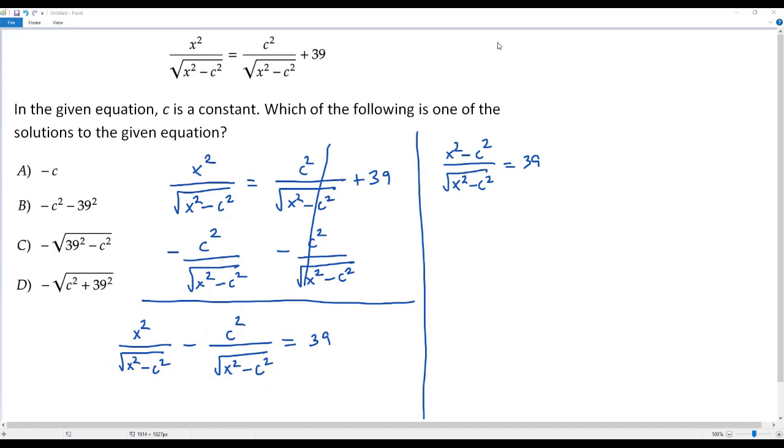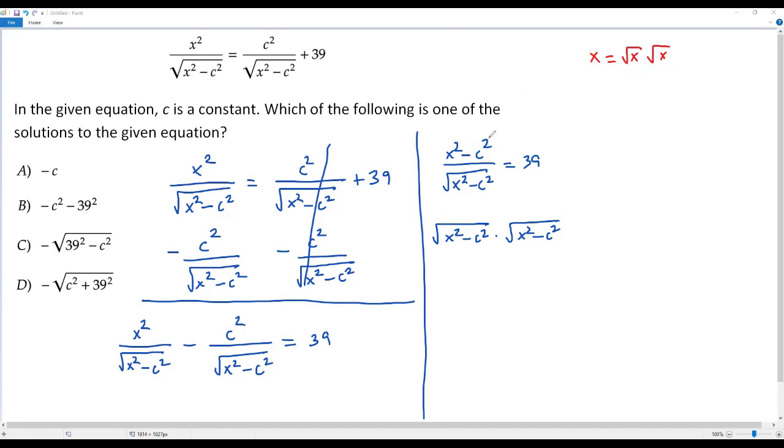In exponents and radicals, we know that x can be written as the square root of x times the square root of x. Whenever we multiply two square roots with the same radicand, that is equal to just x. Now, what I'm going to do is write this x² − c² as the square root of (x² − c²) times the square root of (x² − c²). This is similar to how x can be written as the square root of x times the square root of x.